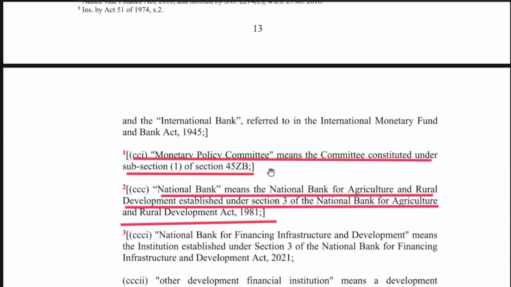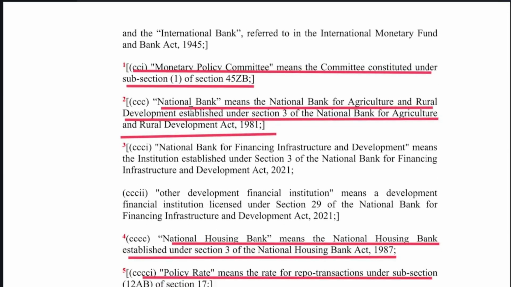So it must be a common sense understanding that the Monetary Policy Committee would have one of its tasks with respect to inflation targeting. But when the Monetary Policy Committee comes in due course, we'll take a deeper look into it. In the meanwhile, let's move further.